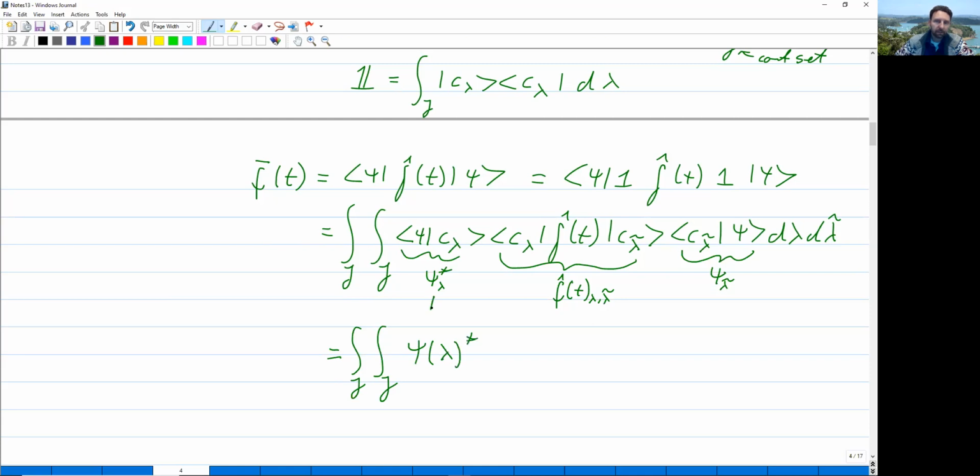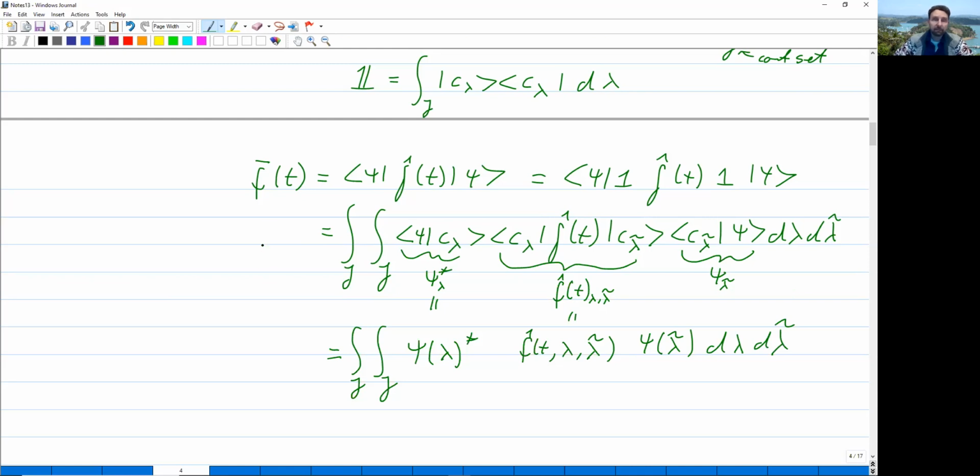So this is just a name. I mean, for every label we get a number. It's the same as a function. And then here we write f hat of t and of lambda and of lambda tilde. And from here we have psi of lambda tilde, and then we do d lambda tilde.